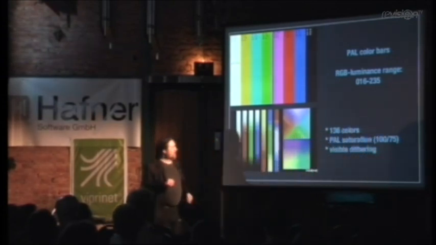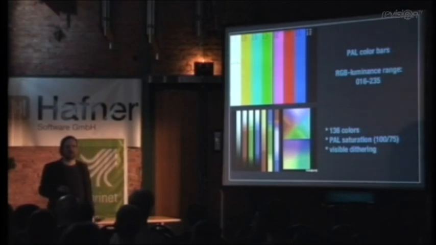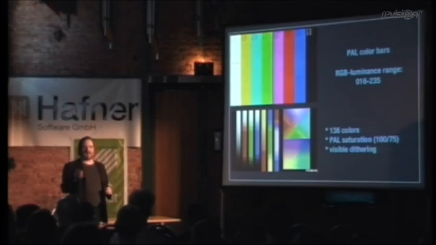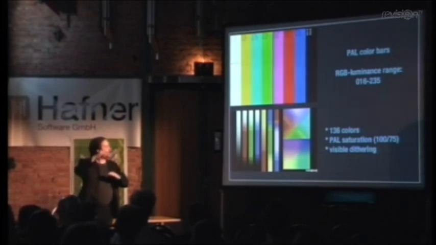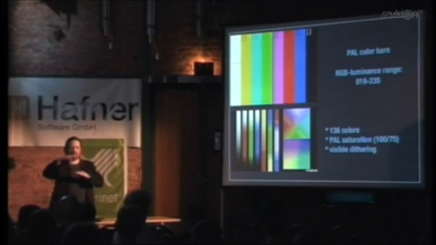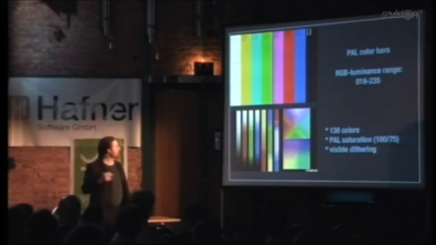That is because the creators of the PAL system wanted to have an overhead on the lower and upper spectrum. So that means that you cannot describe all colors in RGB, because white can be much brighter. You can't display all RGB colors on a PAL system. You can display the full color range in RGB, yes, because the PAL range is squeezed, not the RGB range. It's the PAL range that's squeezed to values 16 to 235.